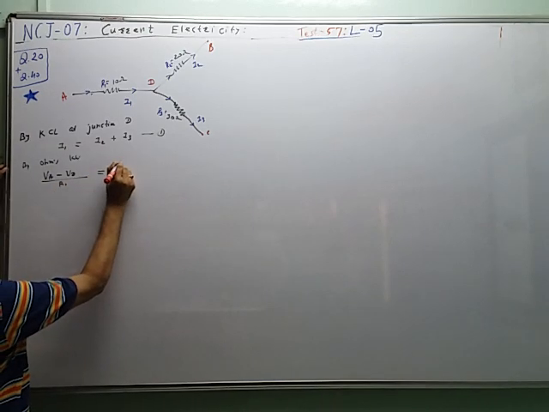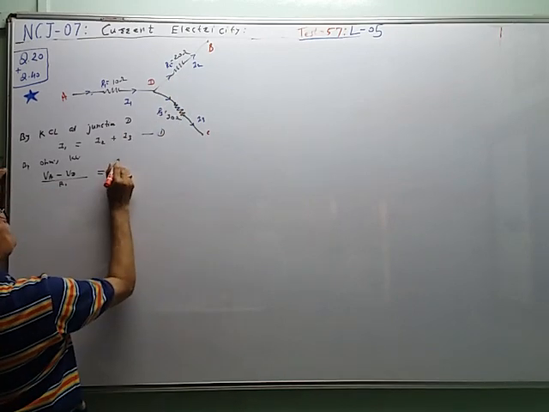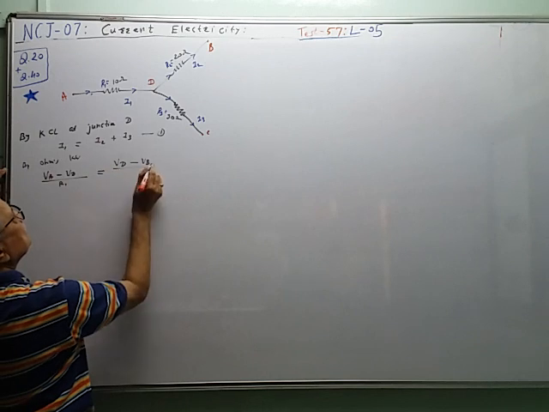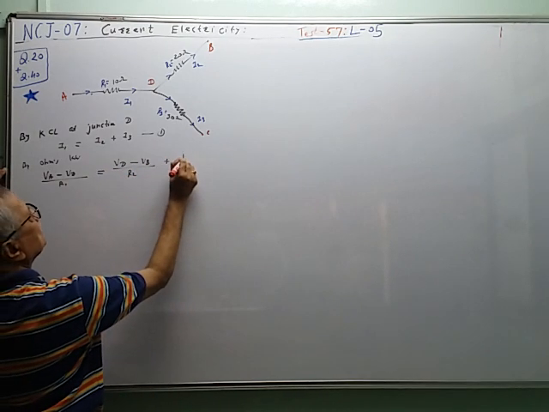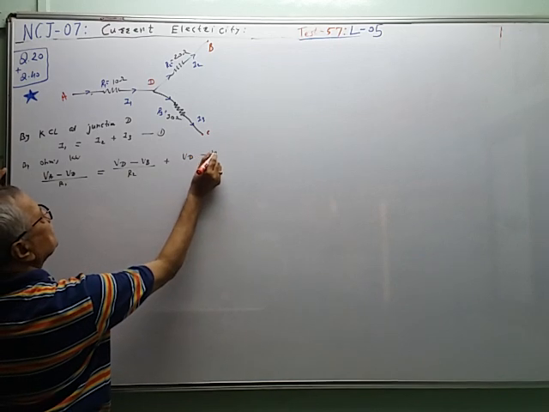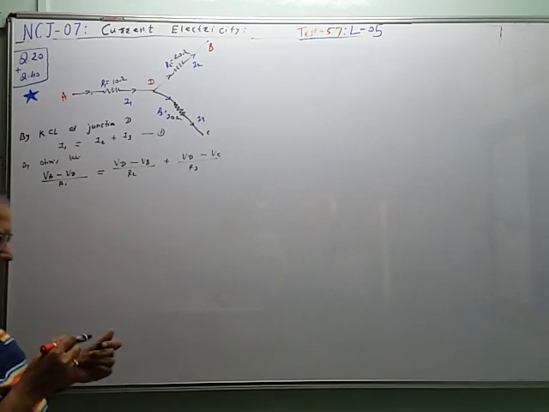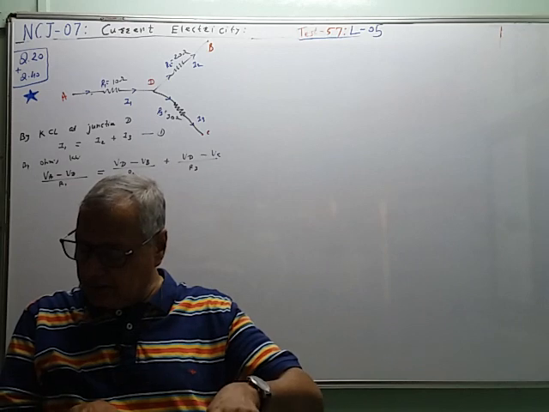Now I2 current flows from D to B, so D is at higher potential, VD minus VB upon R2, plus VD minus VC upon R3. So the potentials of the 3 points are given in the figure.